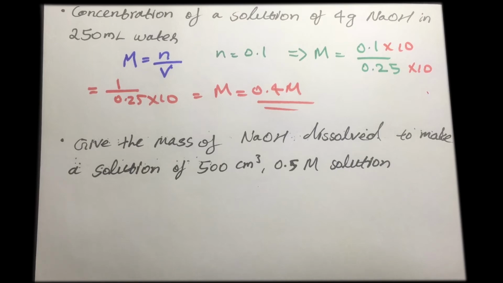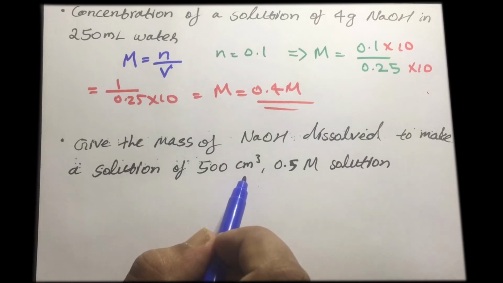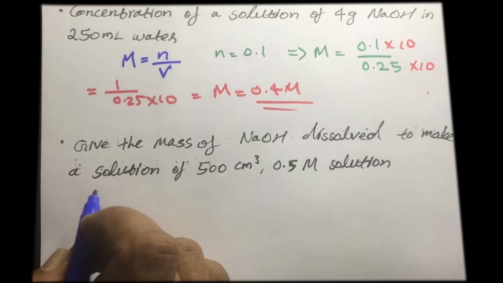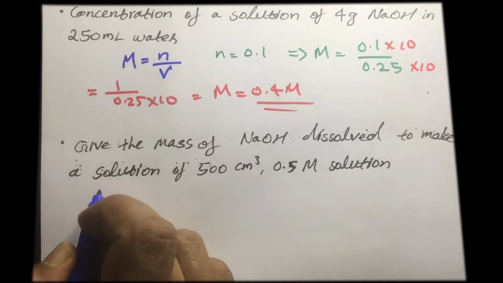Take another example. Give the mass of NaOH dissolved to make 500 cm cube of 0.5 molar solution. Here look, volume is given in centimeter cube. Centimeter cube is nothing but milliliter. 1 centimeter cube is equal to 1 ml.